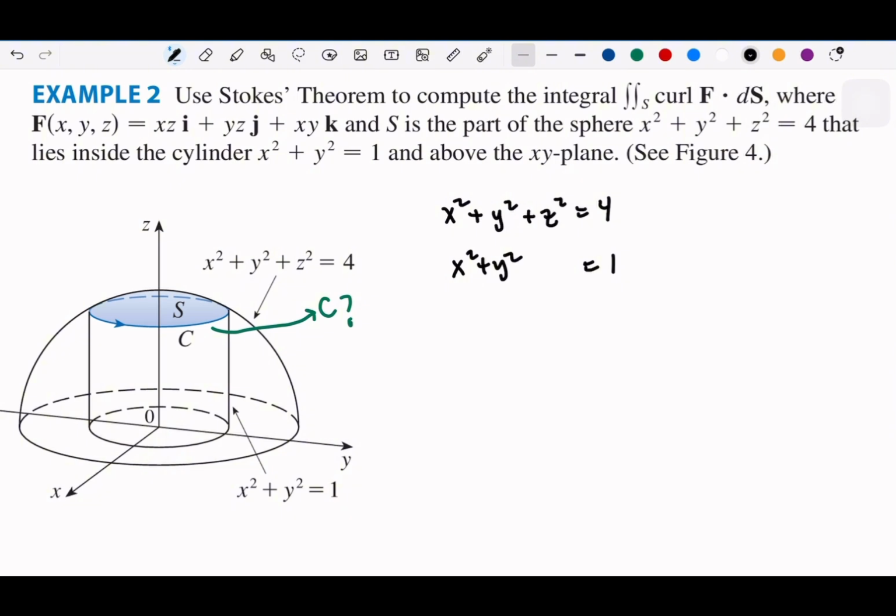So let's solve this, maybe just taking subtraction to get rid of the x squared and y squared. So we have z squared is 3. So z is perhaps the intersection, the square root of 3. We are going to take the positive value, so z should be positive in this case.